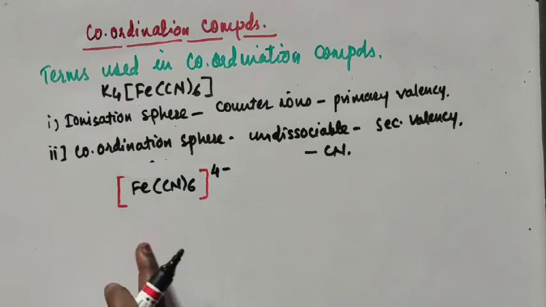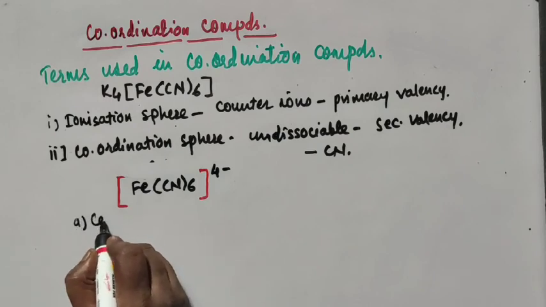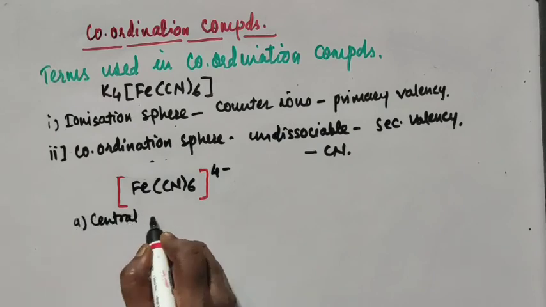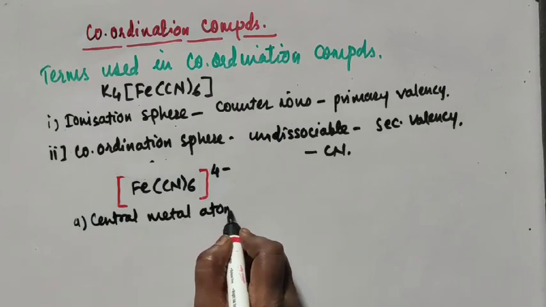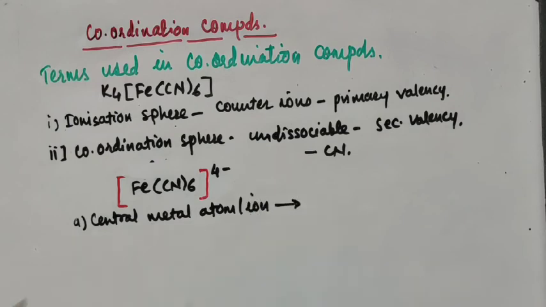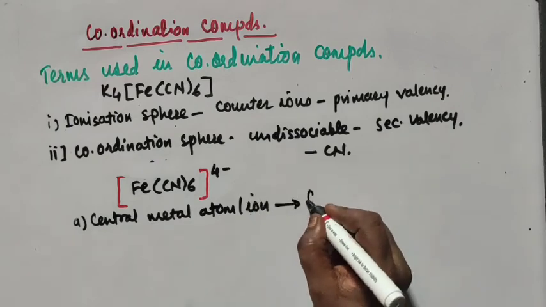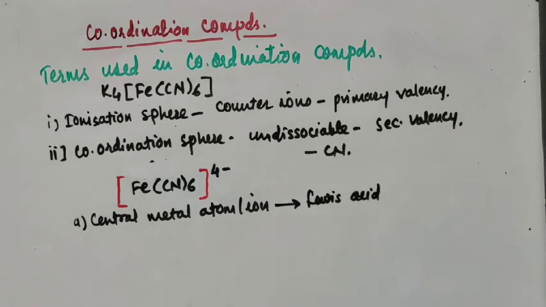So in the coordination sphere, your first term is the central metal atom or central metal ion, and I told you this acts as a Lewis acid. They accept electrons. In the beginning I also told you that metals are electropositive in nature.